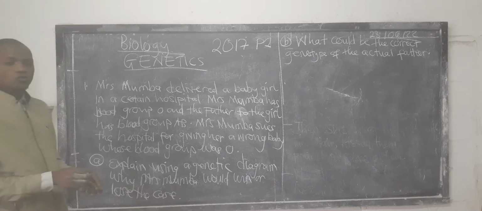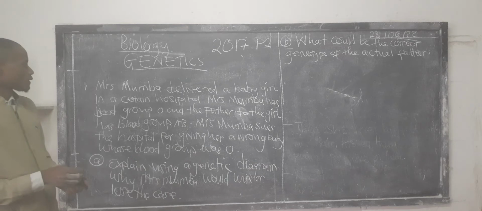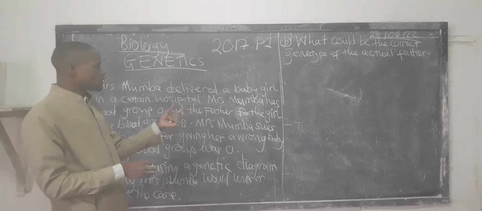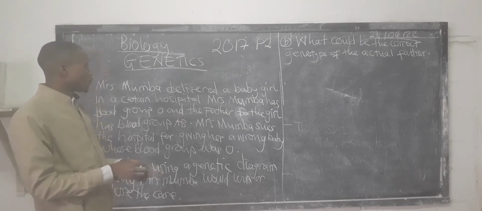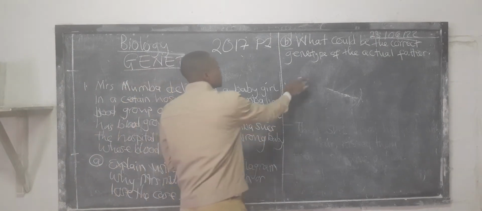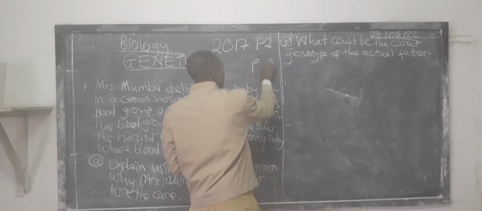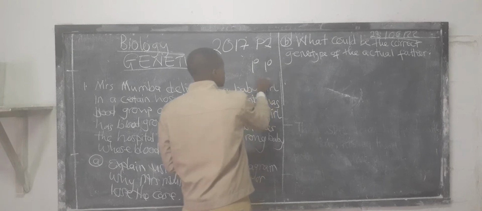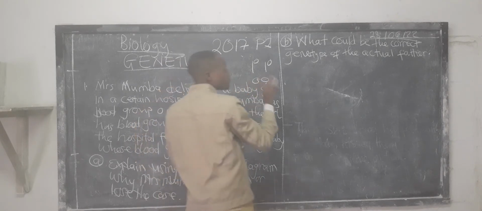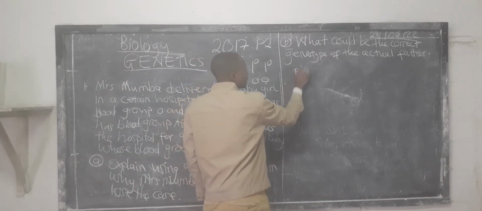First of all, you need to know the genotypes of blood groups. In this case, Mrs. Mumba had blood group O. For Mrs. Mumba to have blood group O, the genotype for blood group O is OO. Now, first write the phenotype of the parents.